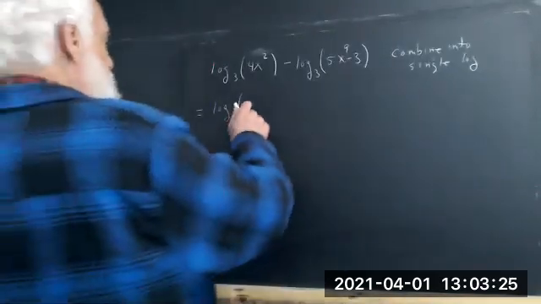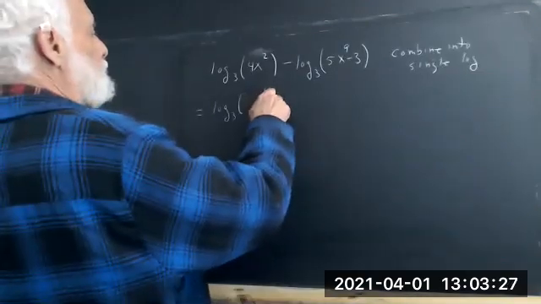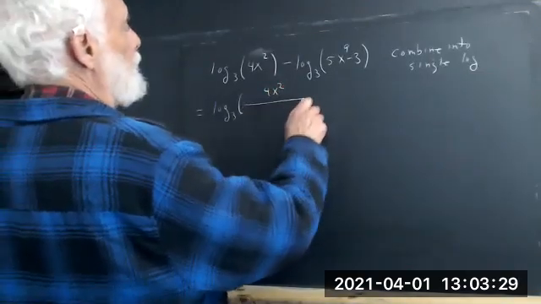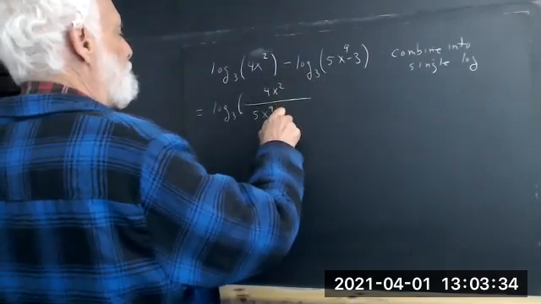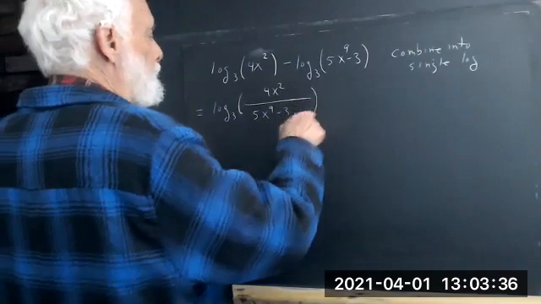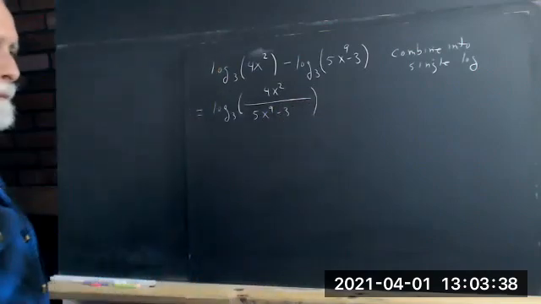So log to the base 3 of this divided by this.